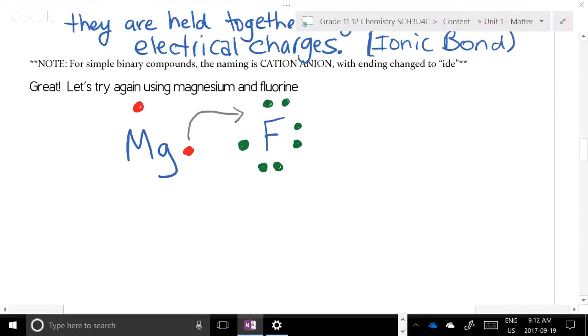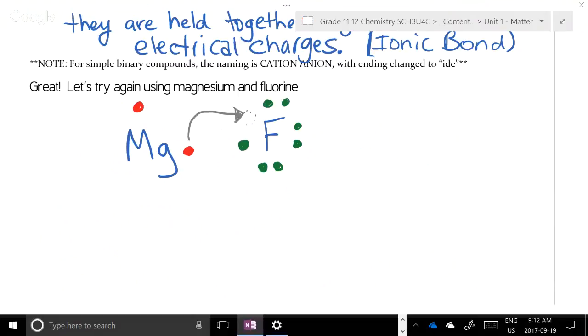Good. So this electron is going to go there. Now, what will now be true about fluorine? Which means what? You're right. It has a full valence shell, which means it's stable.